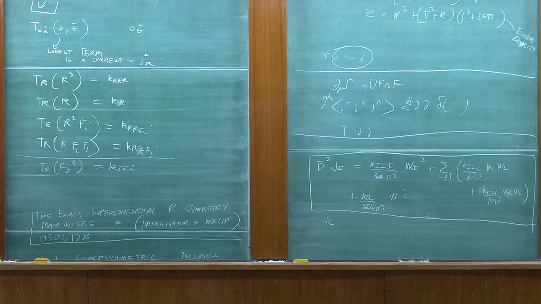You could have got FR wedge FR, and that came with a coefficient which was KRRR. But there's a second thing you could have got, which is Riemann wedge Riemann, and that came with a coefficient that was KR. Because there were two pieces of data, there should be room on the right hand side for those two pieces of data. Now maybe you'll get linear combinations of them, but that's why you had two structures. That's roughly how we thought of it. The two pieces of data there went to the two pieces of data there. No surprise.